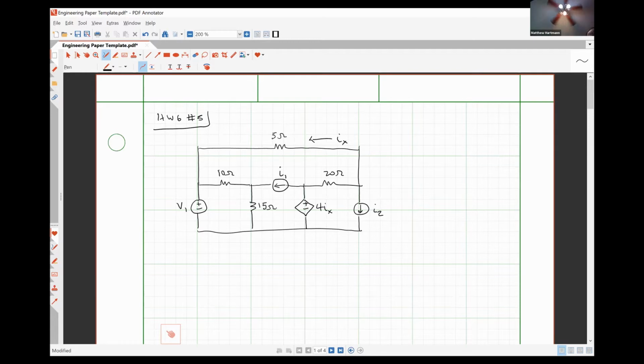So I'm going to label a current, and I'm going to call it I dependent, okay?